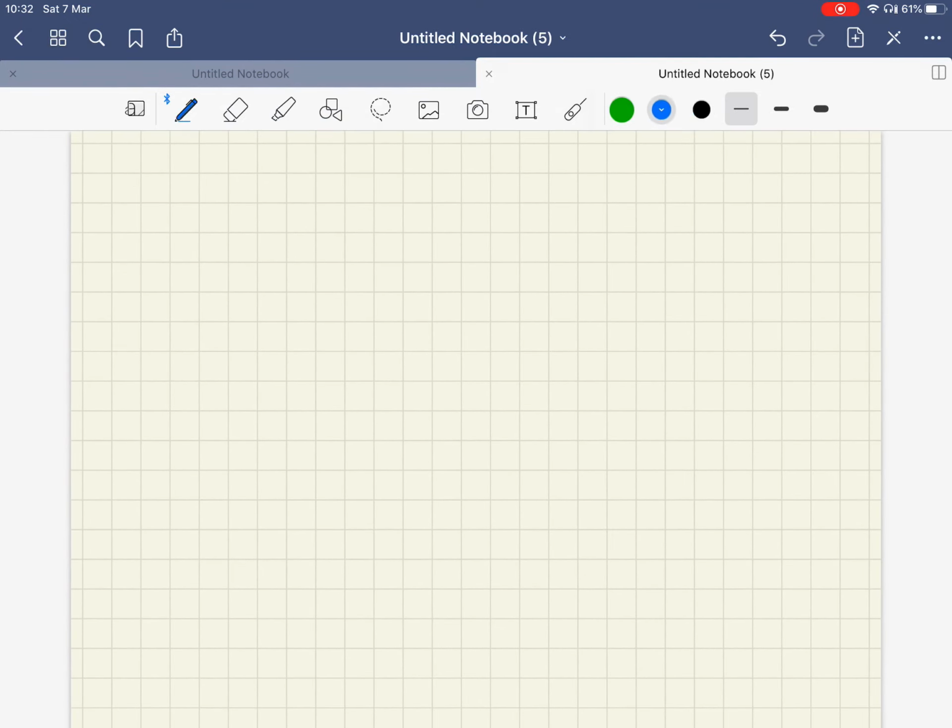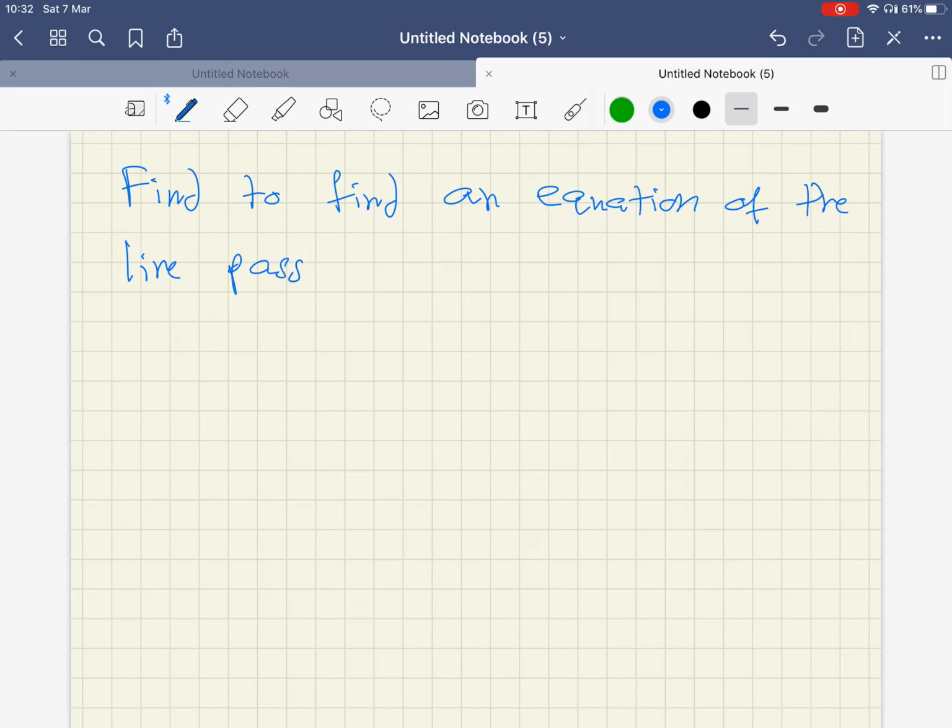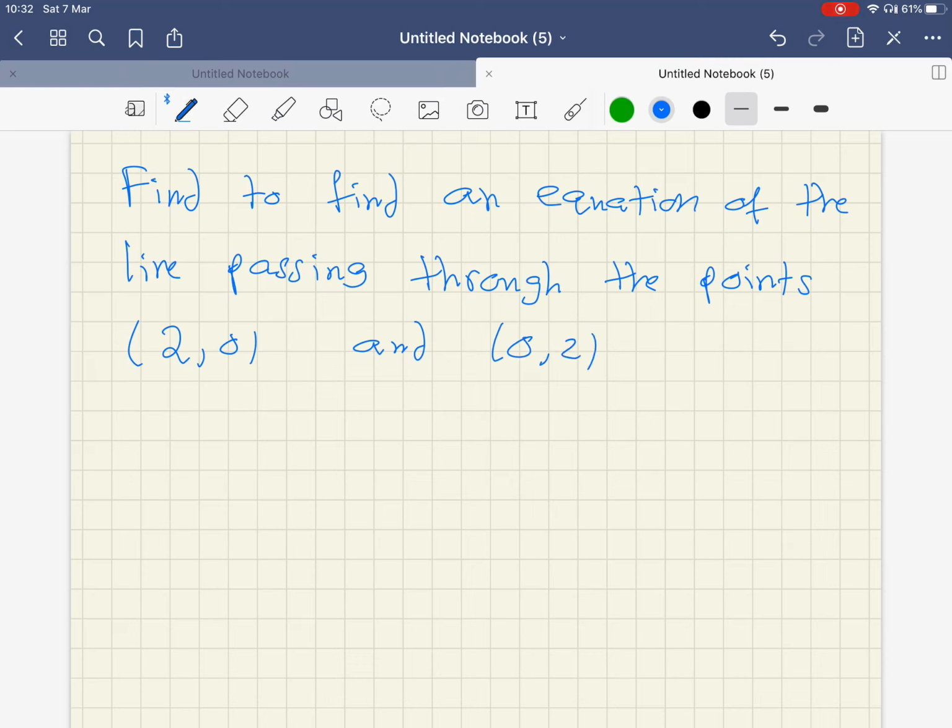So the question now is we need to find an equation of a line passing through the points. Of course, the blue line was between the points 2, 0, and the other point is 0, 2.